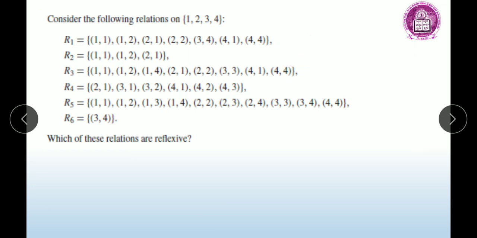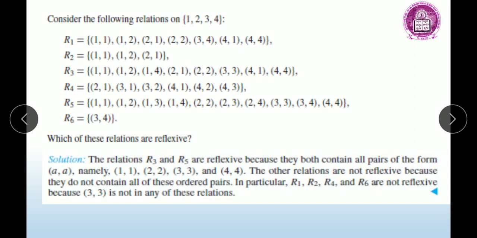So it is reflexive. R4: (1,1) does not belong to R4, so it is not. R5: (1,1), then (2,2), (3,3), (4,4). So all these are there, so it is reflexive. So you can see that R3 and R5 are reflexive, whereas the remaining are not reflexive.